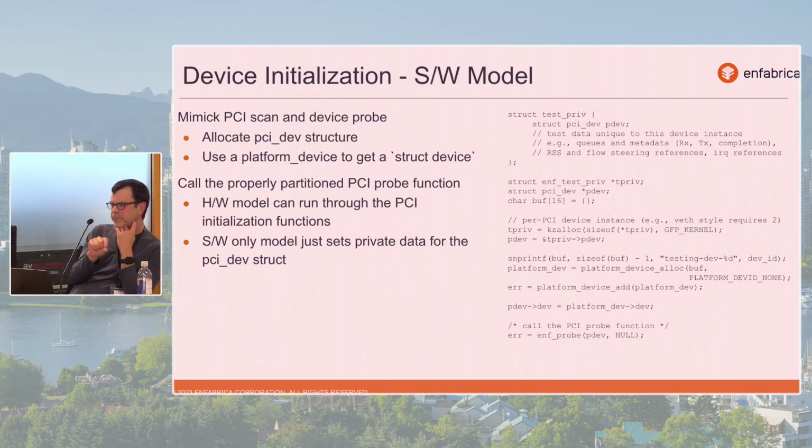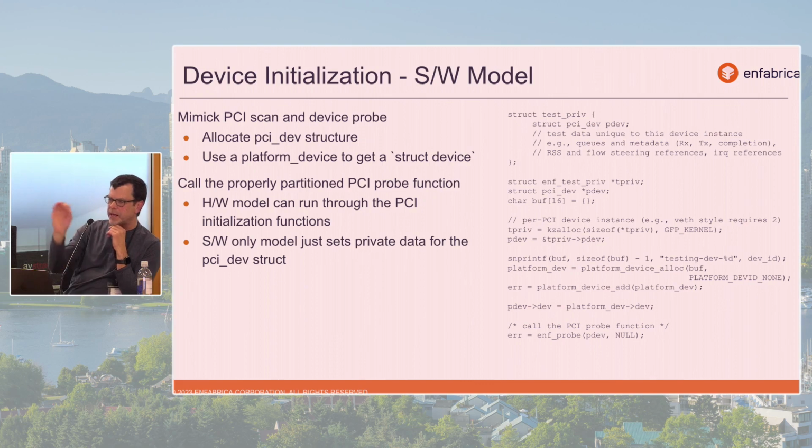And so we ended up at the end with test priv as a container of PDEV, so the PCI device. And then you have all that metadata. For example, this PCI device will have X number of TX queues, X number of RX queues, some completion queues. And when you call into the device model for a particular queue ID, you'll have access to the PCI dev, which then container_of gets you the test priv, which gets you access to your set of queues that go with that device.